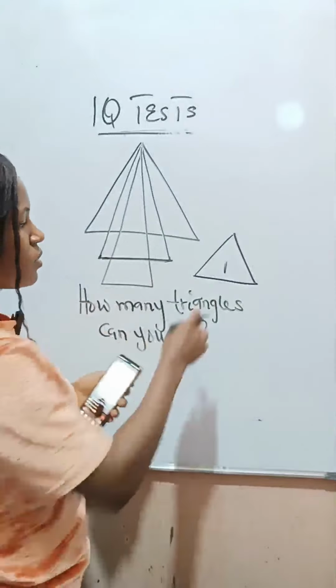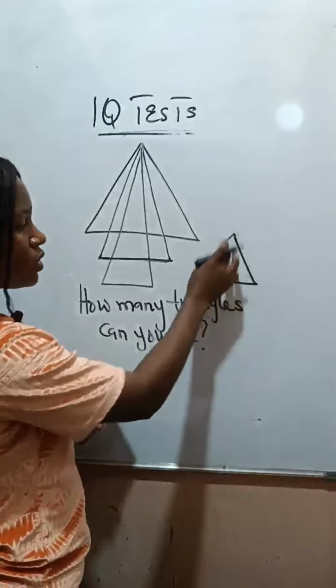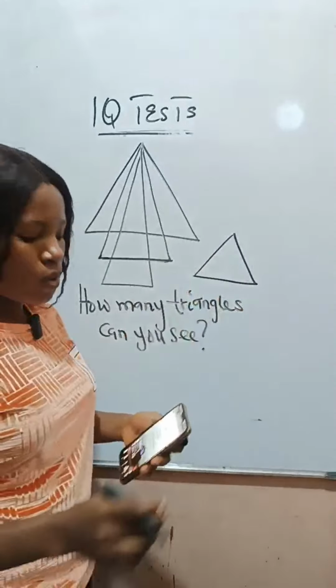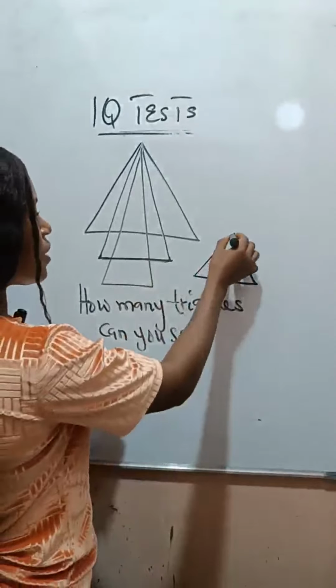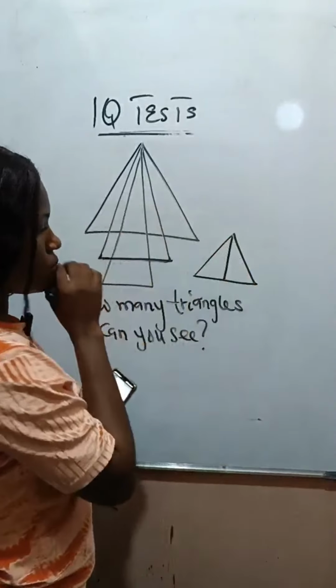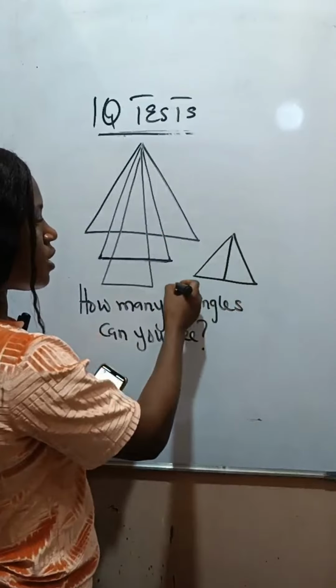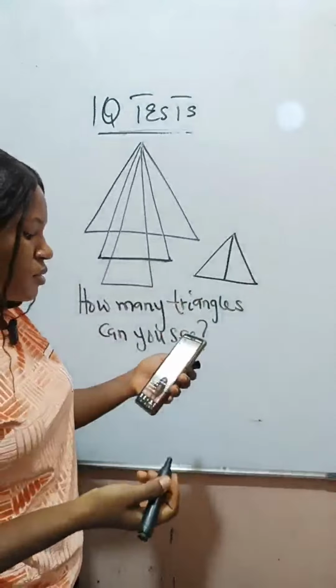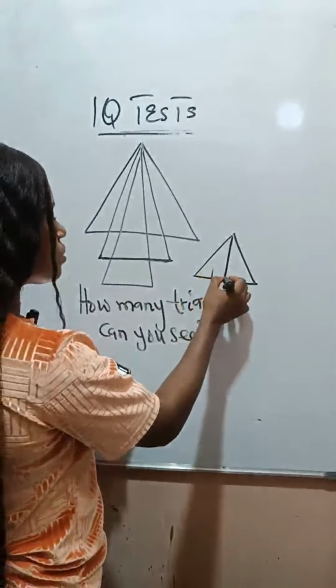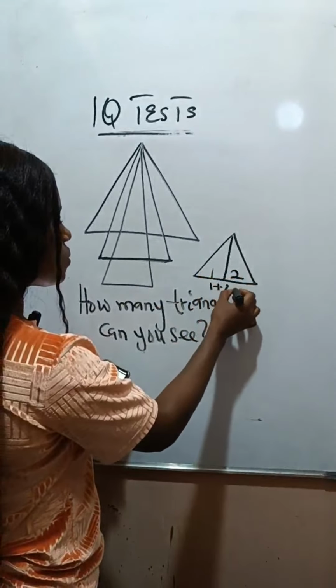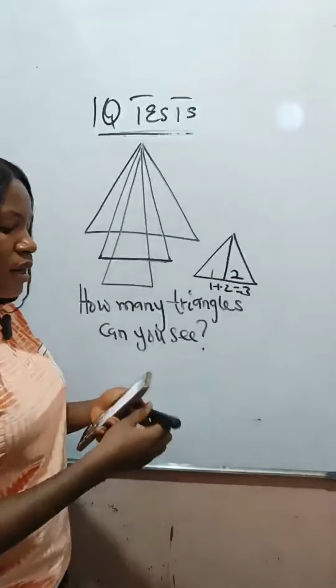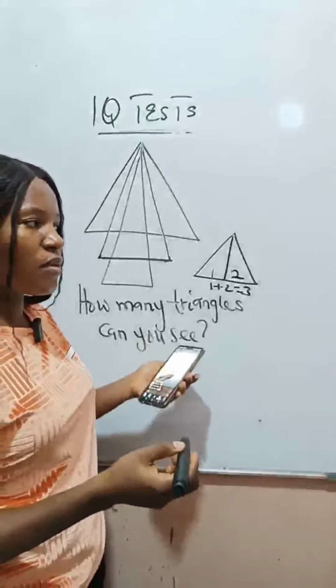This is undisputed. Then, if I decide to divide this into 2, it's obvious that we have 1, 2, and then the third triangle, which can easily be found by 1 plus 2, which will give us 3. All right? Very easy.